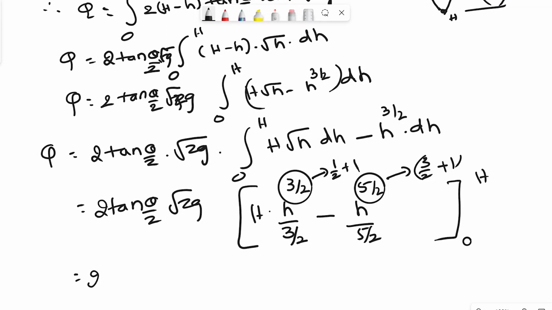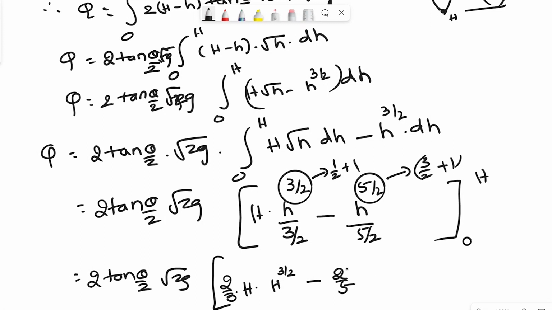So if I do it, 2 tan theta by 2 root 2g into H into 2 by 3 into H to the power of 3 by 2, minus 2 by 5 H to the power of 5 by 2.